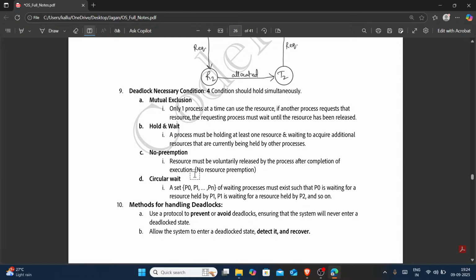If another process requests that resource, the requesting process must wait until the resource has been released.